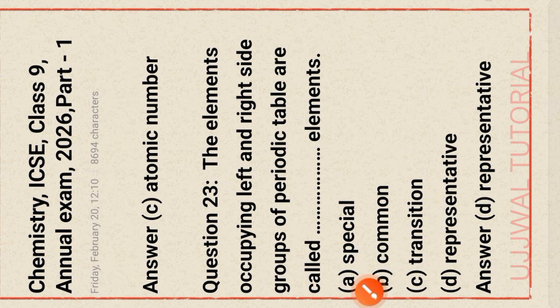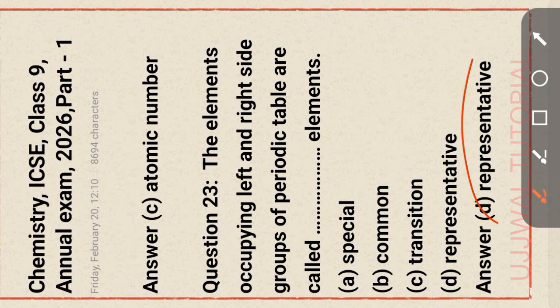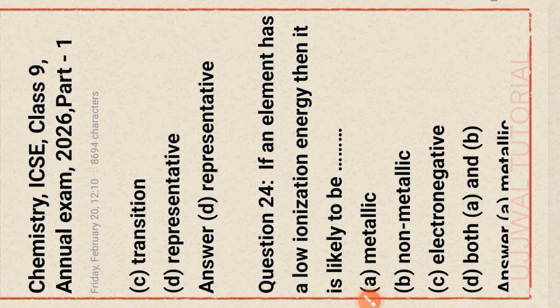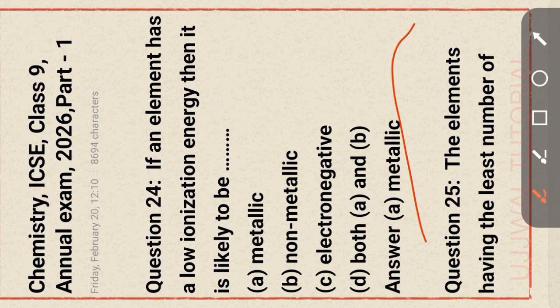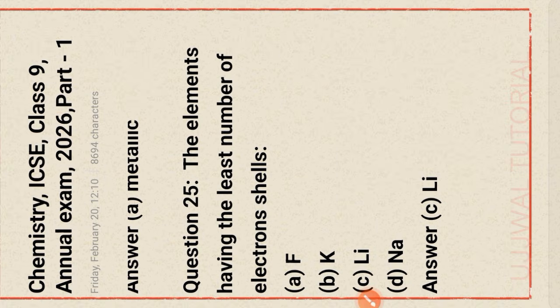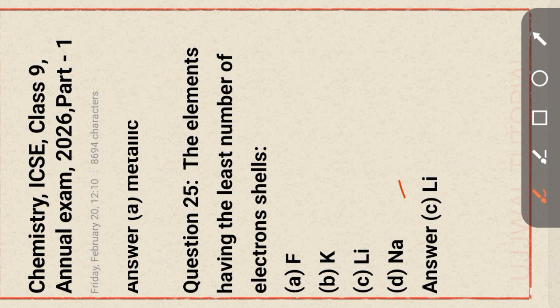The elements occupying the left and right side groups of the periodic table are called representative elements, that is group 1 and group 2 elements, the s-block elements. If an element has low ionization energy, then it is likely to be metallic. The element having the least number of electrons shell is lithium.